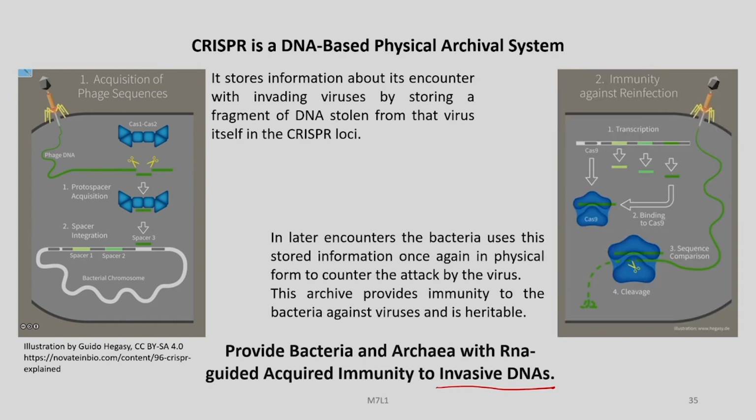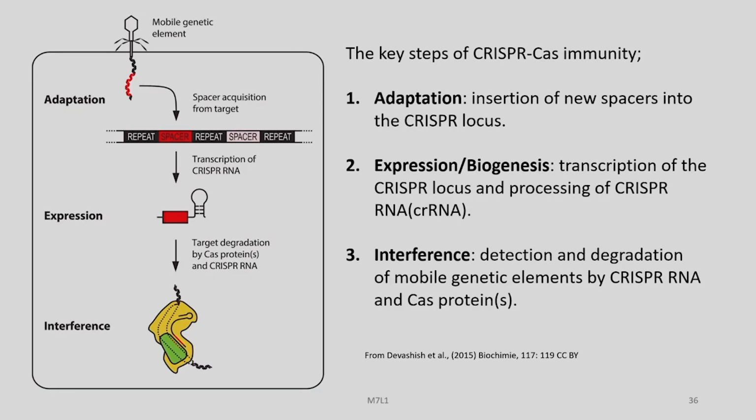And in the immunity against reinfection phase, whenever in future some virus attack is going to happen, in these later encounters, the bacteria would use this stored information once again in the physical form to counter the attack by the virus. This archive provides immunity to the bacteria against virus and is heritable, and this is already discussed and known to you.